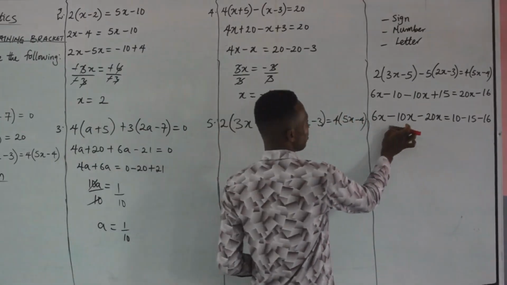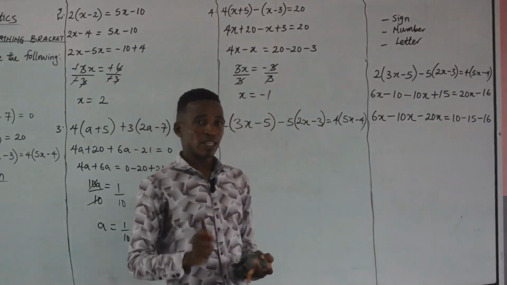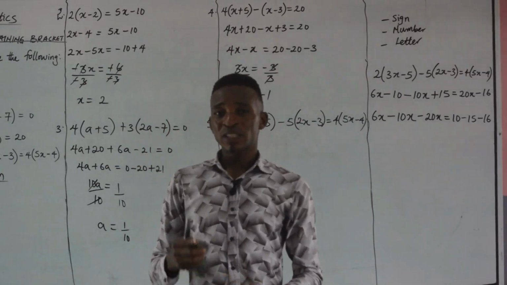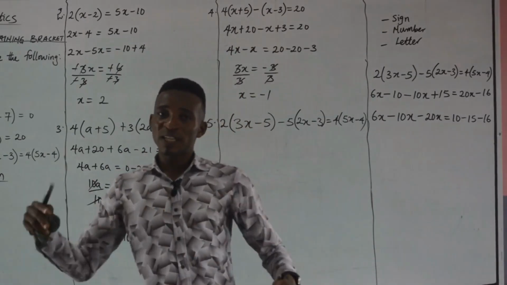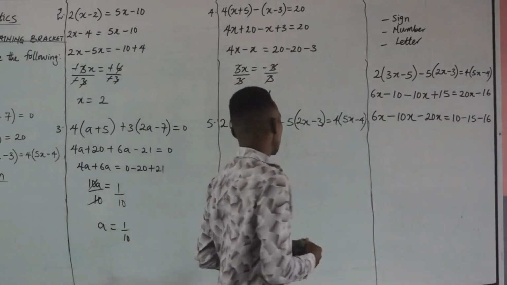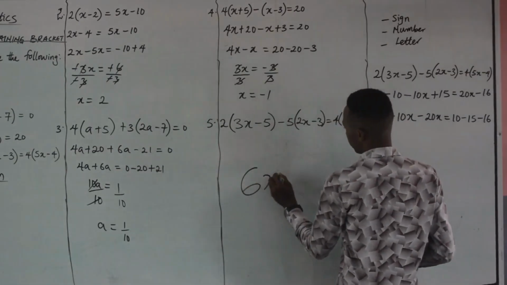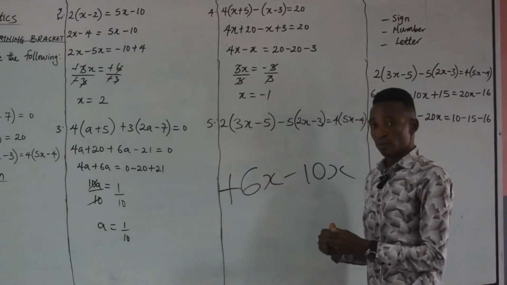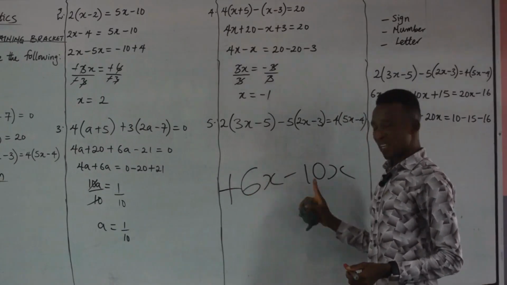Now let's take it one by one. We have 6x minus 10x minus 20x. Just like I told us when we were dealing with direct number, take it one by one. When you have multiple values, reduce it to 2. Now the first two we have here is 6x minus 10x. I explained that there's an invisible plus here. That's plus 6 minus 10.